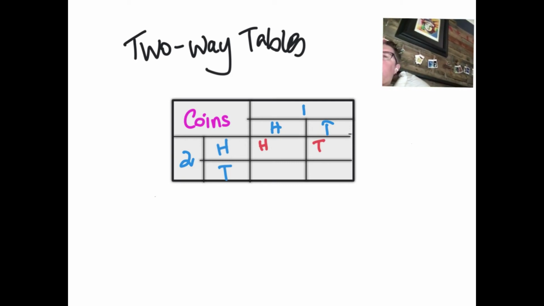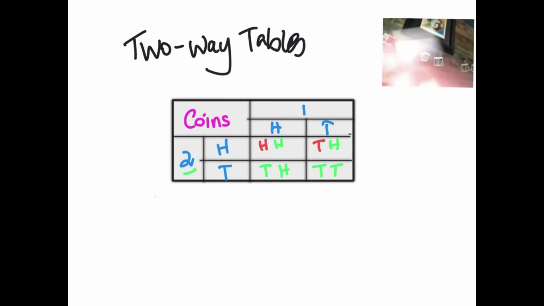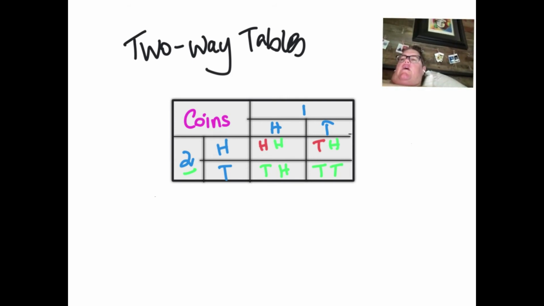For our second coin, we could either get a head or a tail, and so on: head-head, head-tail, tail-head, and tail-tail. If you go back and look at our previous page, the outcomes when we have all of the available outcomes are exactly the same in our tree diagram as they are in our two-way table, which is all of these ones.